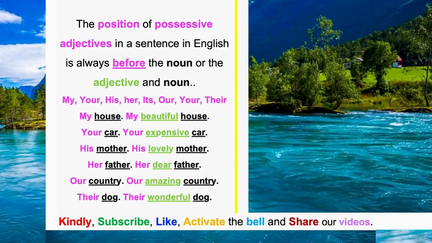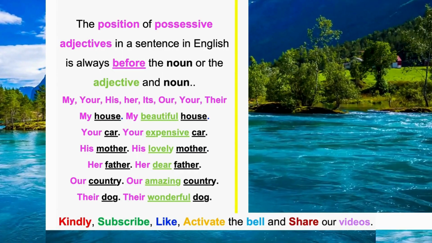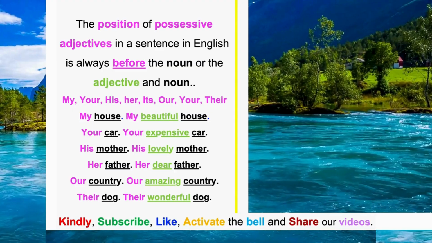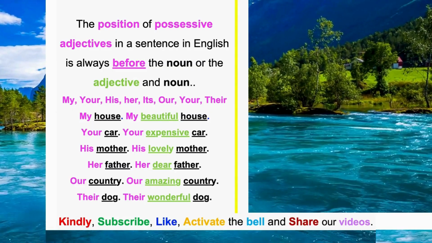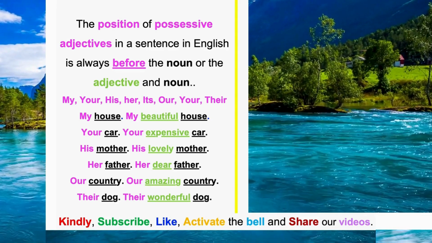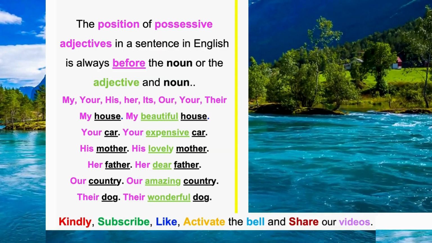Let's see examples. My house. So we have a possessive adjective and house is a noun. My house. And we can say my beautiful house. So we have adjective and noun. Your car. Just possessive adjective and car. But we can say your expensive car.